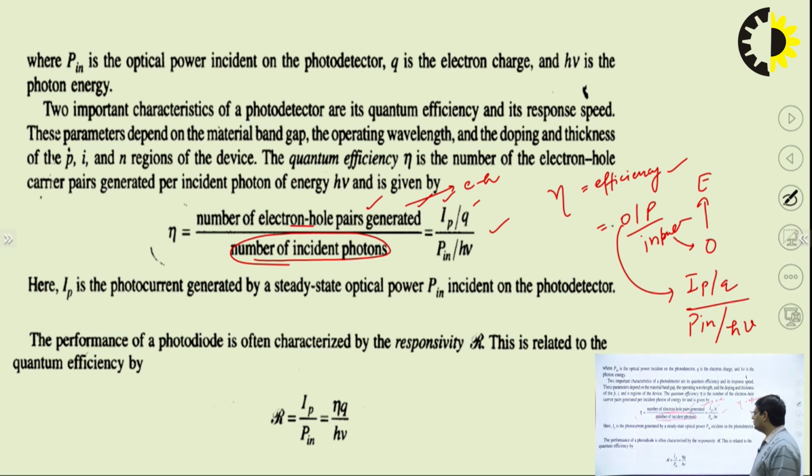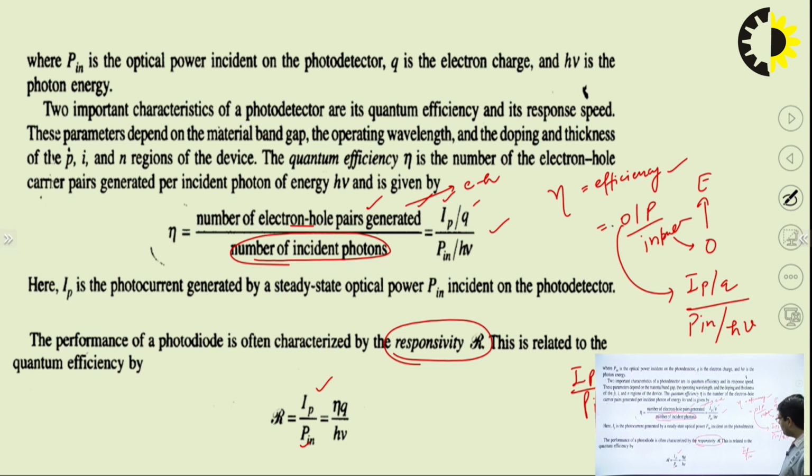One more parameter that is used to describe the photodetector is the responsivity of the photodiode or photodetector. Responsivity is simply the ratio of two parametric values that we obtain at the output to the corresponding input. At the output we get photocurrent IP, and at the input we apply incident optical power.